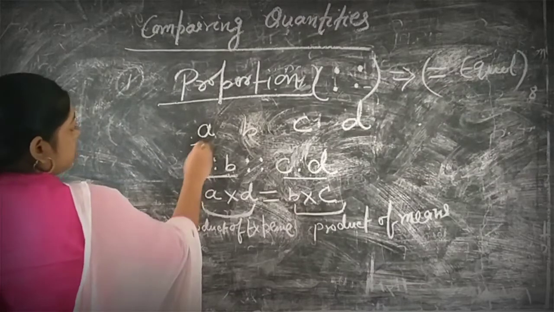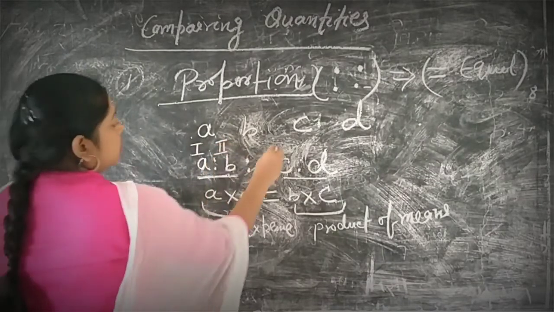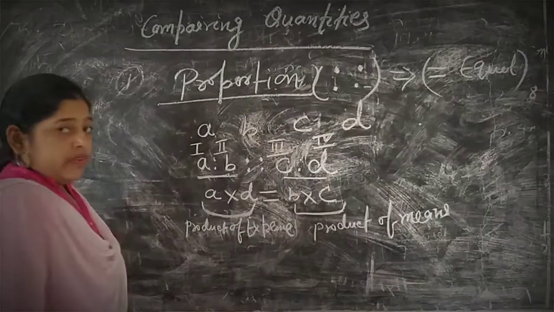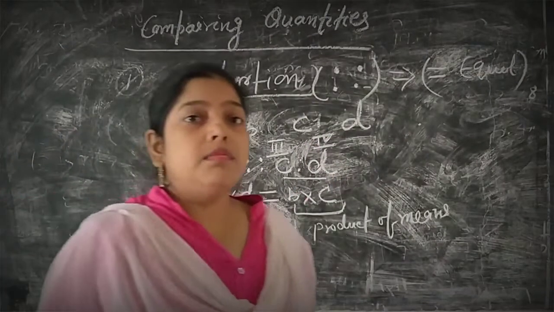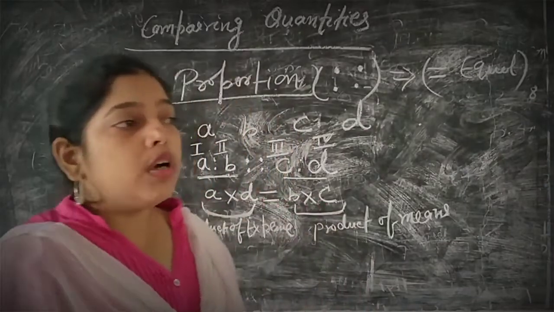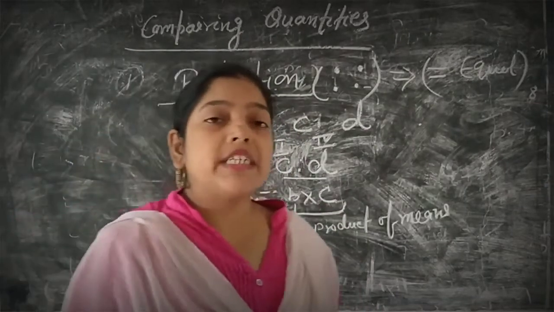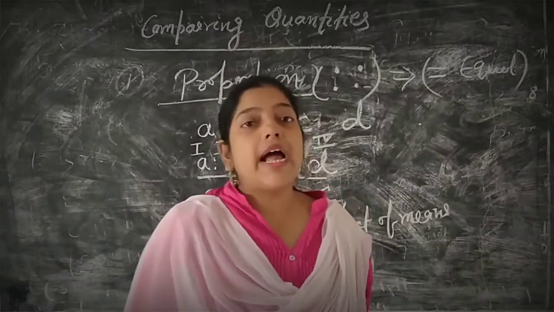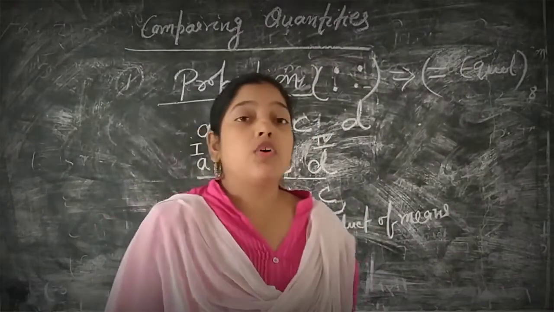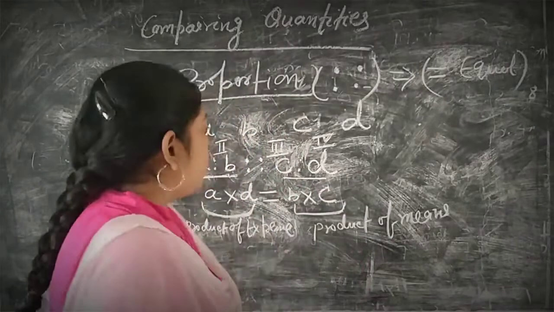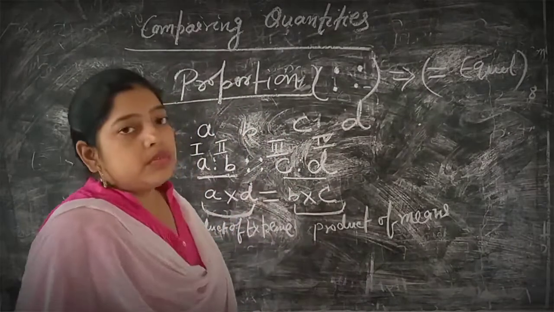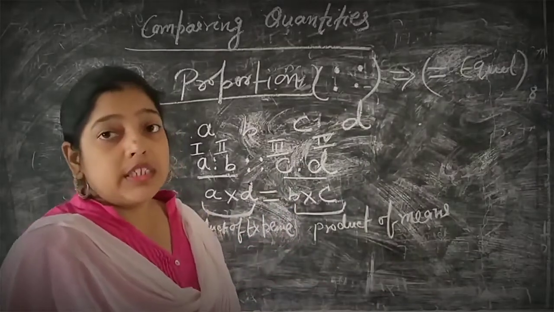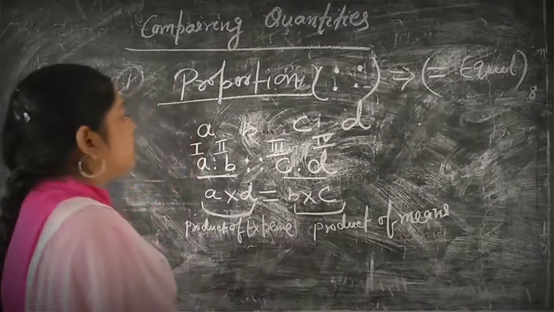There is a first term, second term, third term and fourth term. If you multiply the first term and the fourth term, that is called the product of extremes, and if we multiply the second term and the third term, that is called the product of means. Now let us go forward.